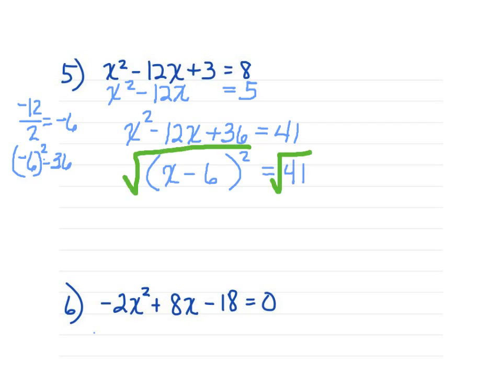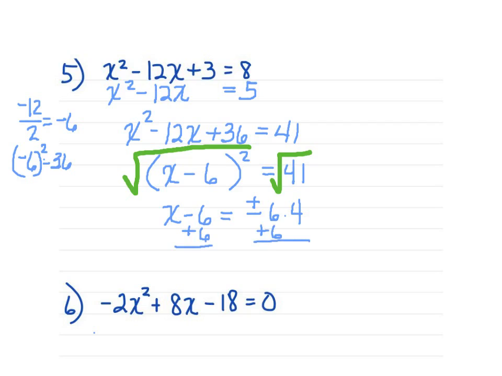Okay, so x minus 6 squared, the square root of that would be x minus 6, and now use your calculator, round to the tenths place, to find the square root of 41, and it would be positive and negative 6.4. So now my next step is to add 6 to both sides.